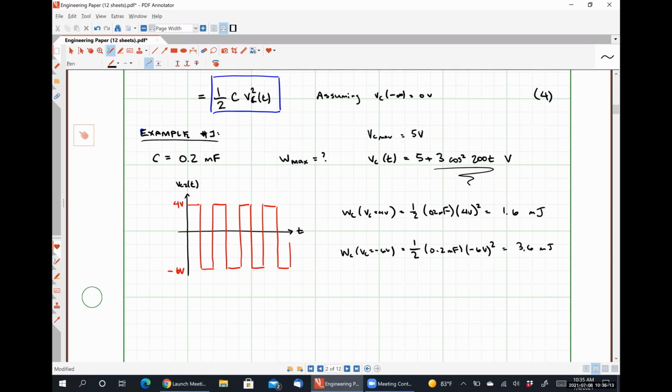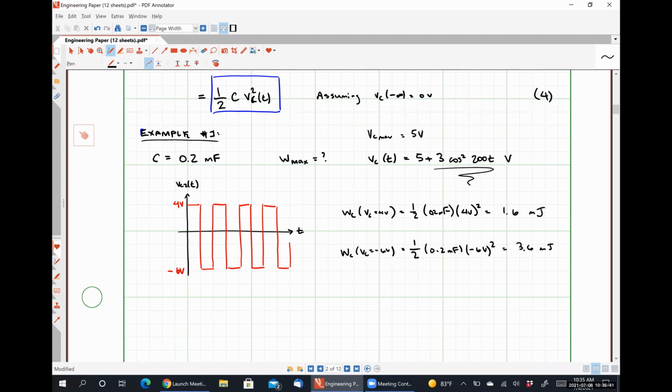Yeah. So cosine, by definition, ranges from 1 to -1. It just cycles 1 to -1 over and over again as time increases. So if the maximum value of a cosine function is 1, then what is the maximum value of cosine squared? Just 1.